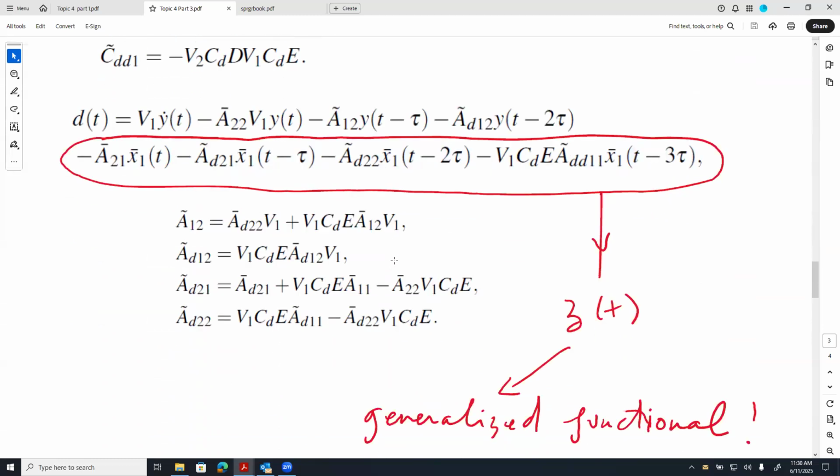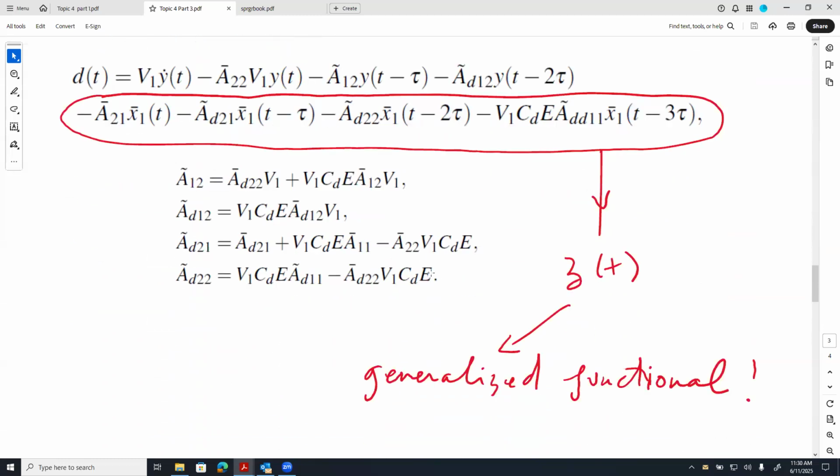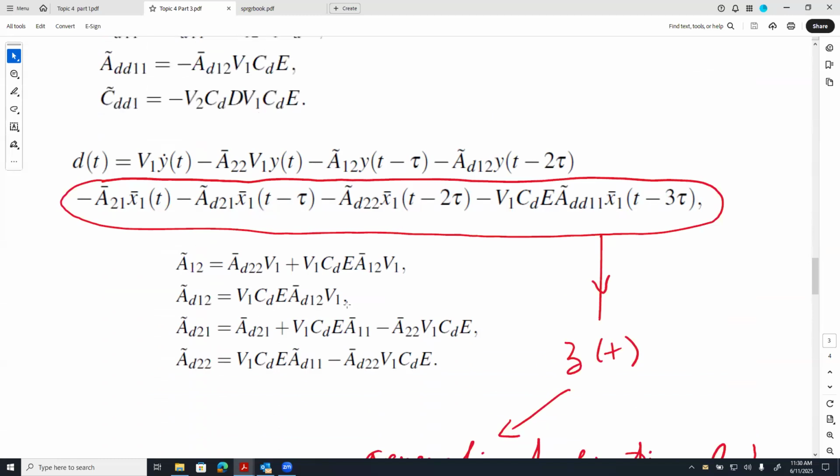So what we have in here is a generalized functional. You can see that we could have many multiples of the delay stack vectors in there, and that's why we call it a generalized functional. How to estimate this directly? Yeah, this is the important bit.